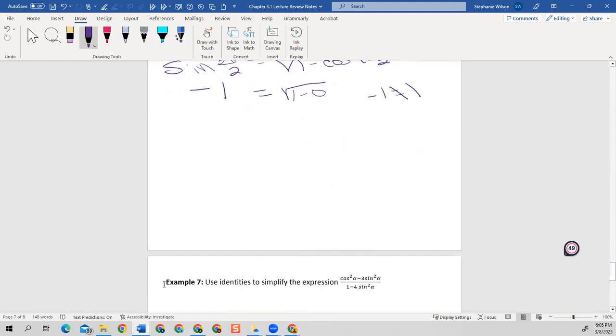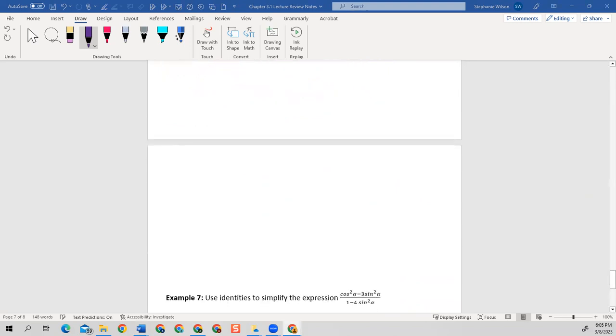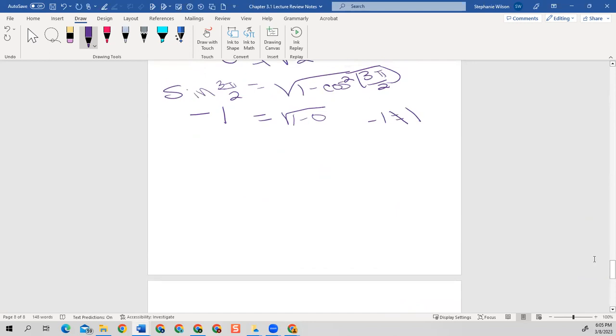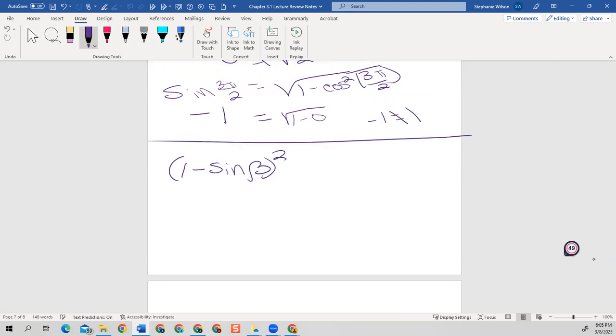There is one though, before we do 7, I wanted to talk to you about right quick. You're going to find one in your homework assignment that says, show the equation of, we're going to have 1 minus sine beta, squared, is equal to 1 plus sine squared beta.